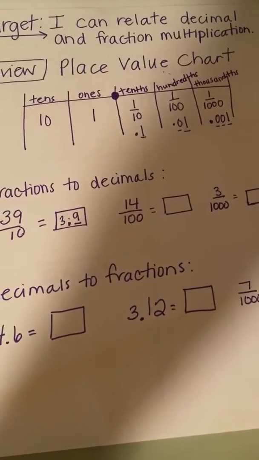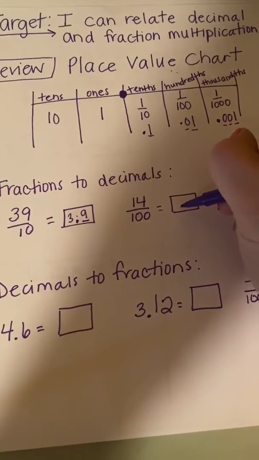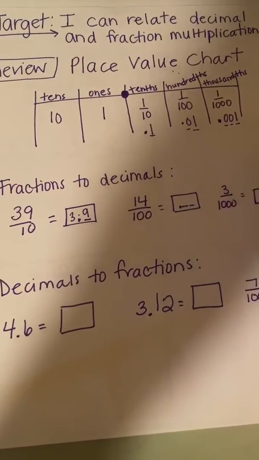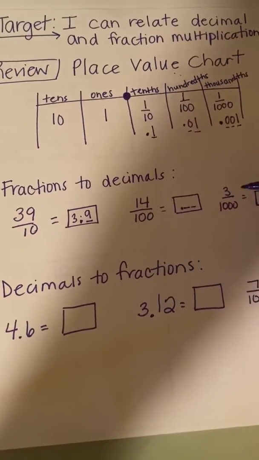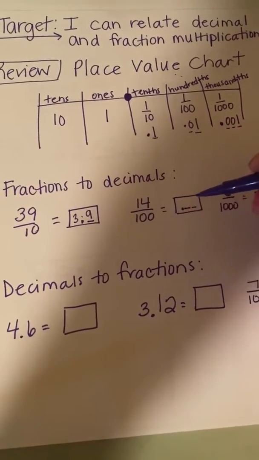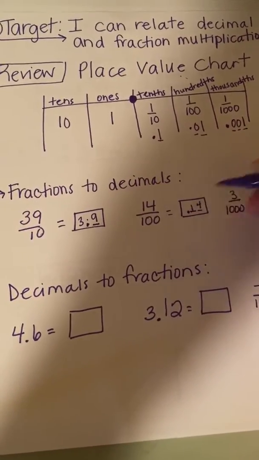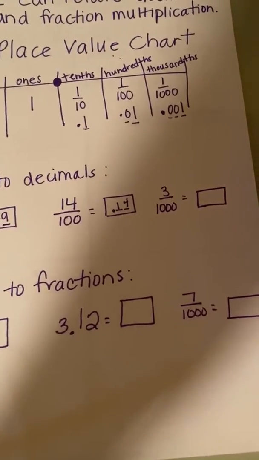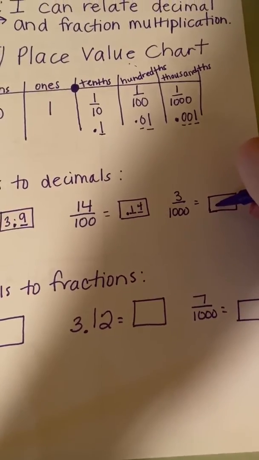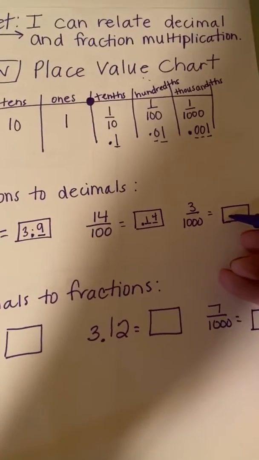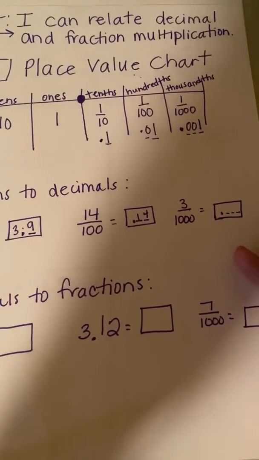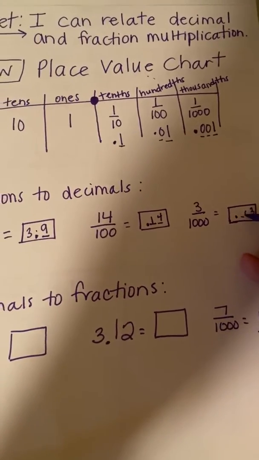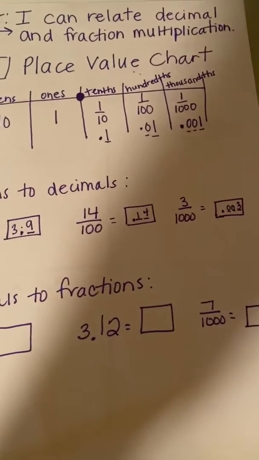If I go to 14 over 100, 14 hundredths, I know there's going to be 2 digits after the decimal, 2 zeros, and I'm just going to fill in backwards, so it would be 14 hundredths. 3 thousandths, I know is 3 digits, and again I fill in the last digit, which would be the 3, and the 2 zeros go out front.